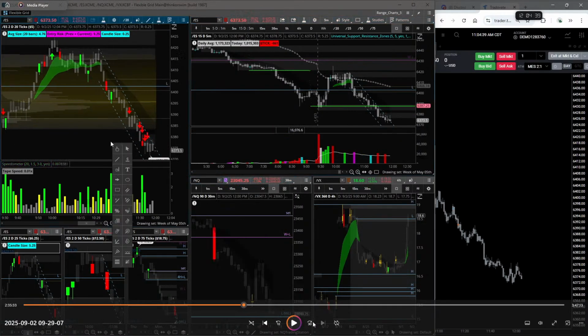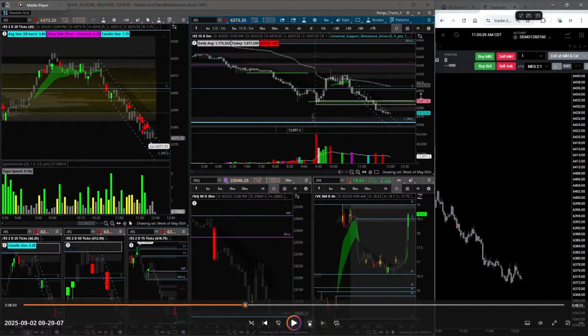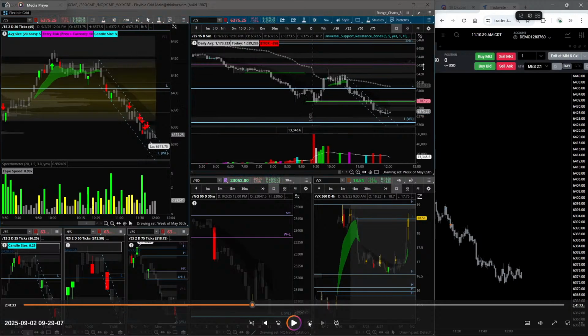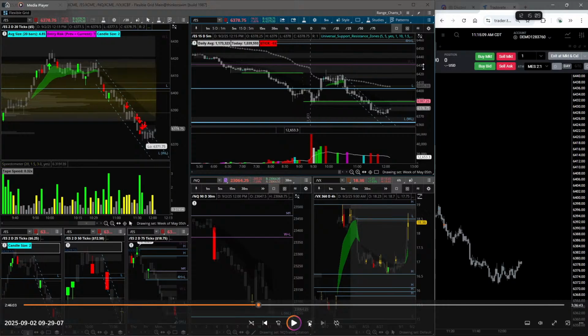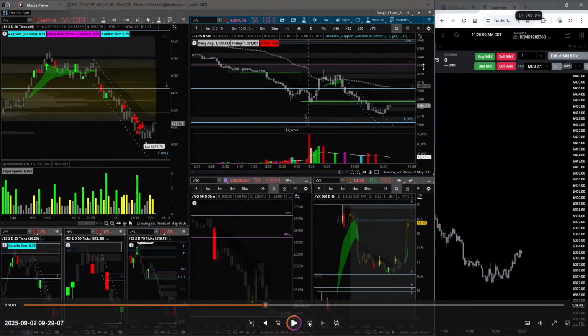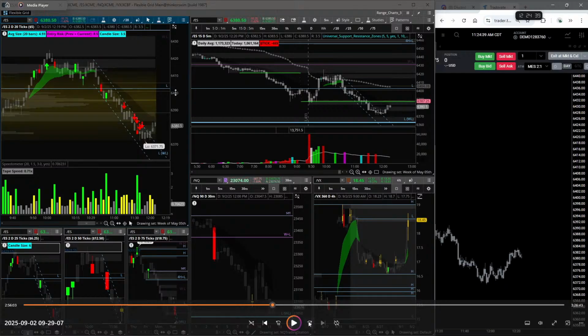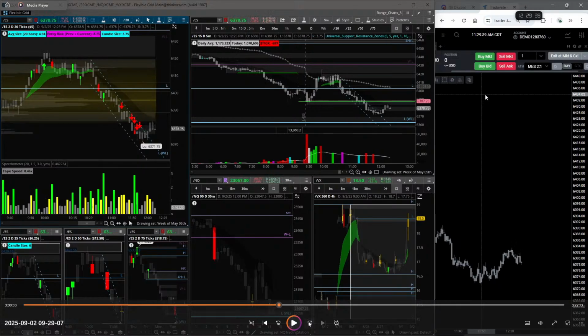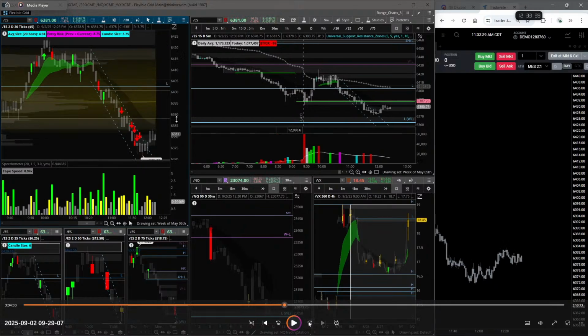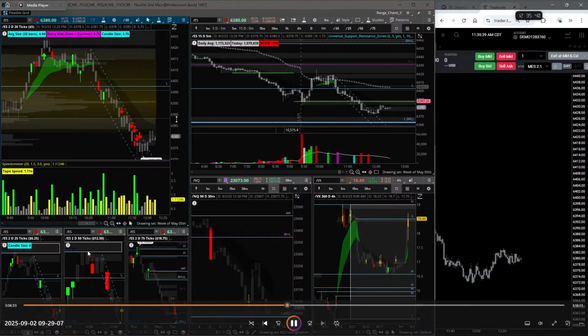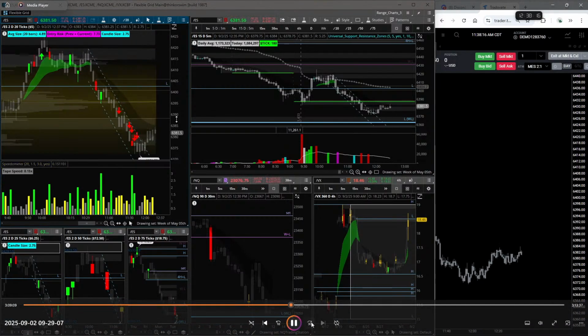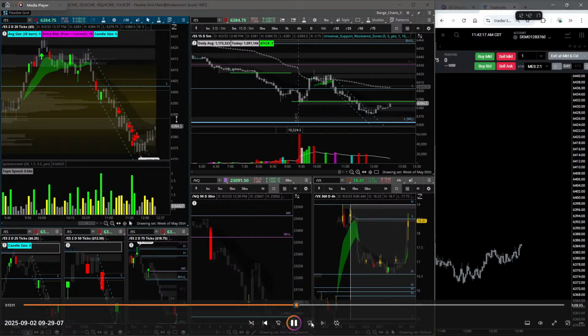And then no more volume. Price push above, absorbs it, push back down. All right, so basically back somewhat above. All right, prices are now above that.